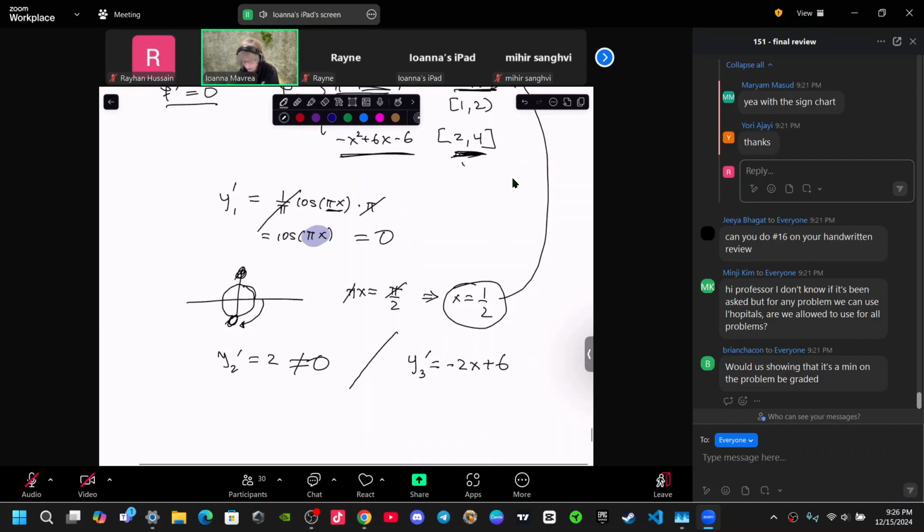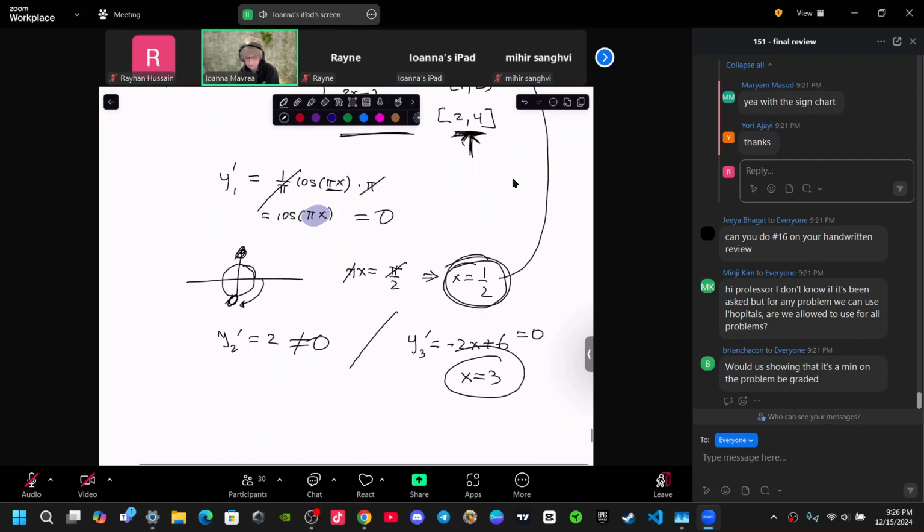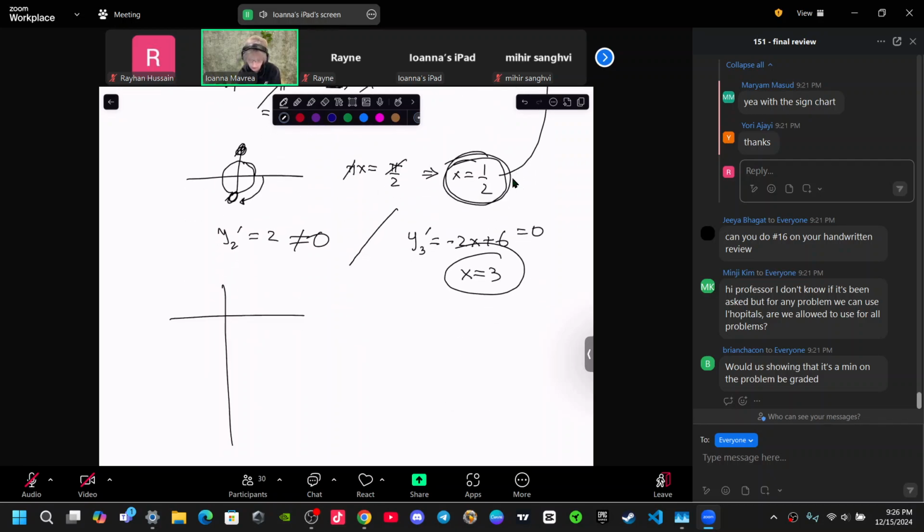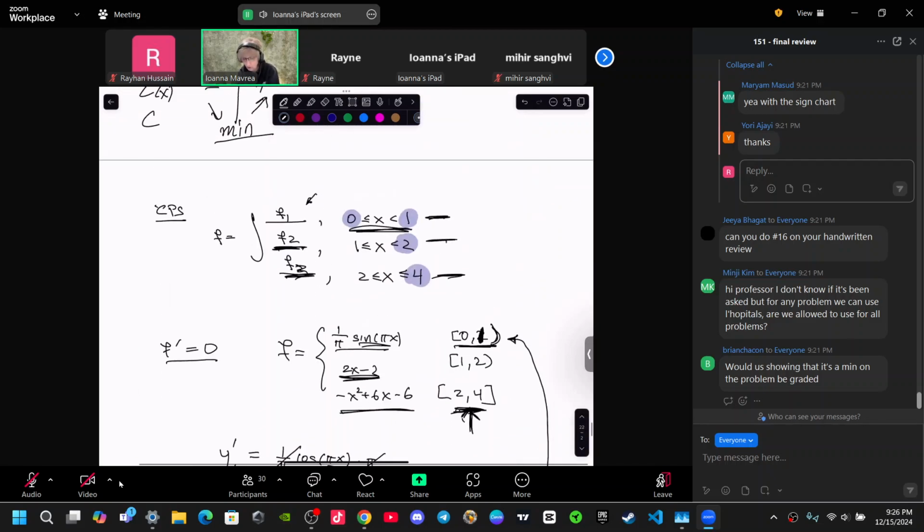So you set it equal to 0, and you say, yep, this is equal to 0 when x is equal to 3, and that x is in that domain. So I found two critical points. I'm going to take those critical points, and I'm going to take all the endpoints, which are all of them: 0, 1, 2, and 4.